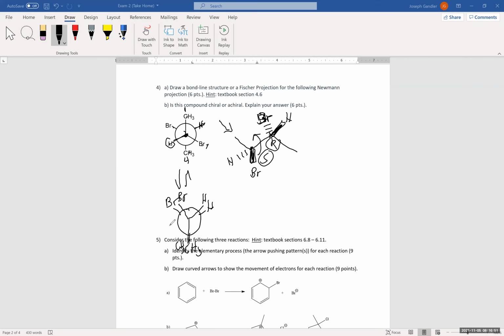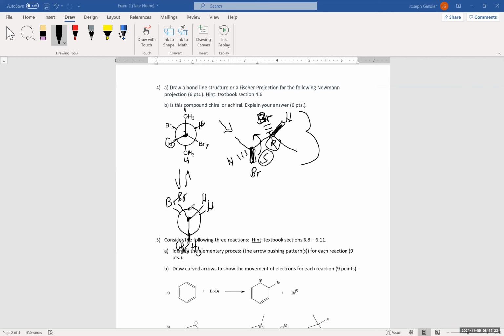And so if you look at that structure, there's actually a plane of symmetry that bisects the bond between the front carbon and the back carbon. You can't see it here because you have to rotate around the C-C bond to see the plane of symmetry. But there's a plane of symmetry. Here's the front carbon, the back carbon is behind the circle. There's a plane of symmetry that bisects that bond.